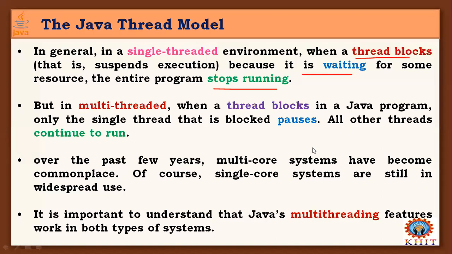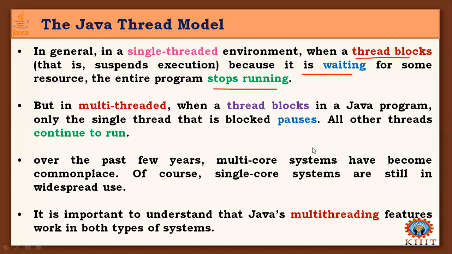During the execution of your program, when there is any instruction related to reading input from the keyboard, immediately the control will transfer to the keyboard for reading the input from the user. During this time, the processor will sit idle in a single threaded process.